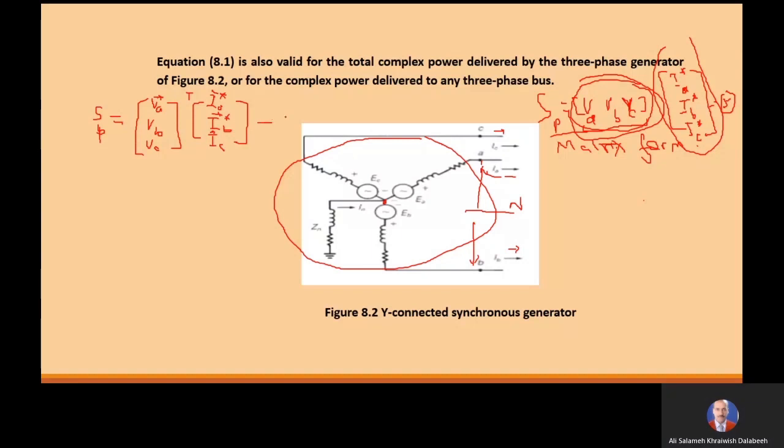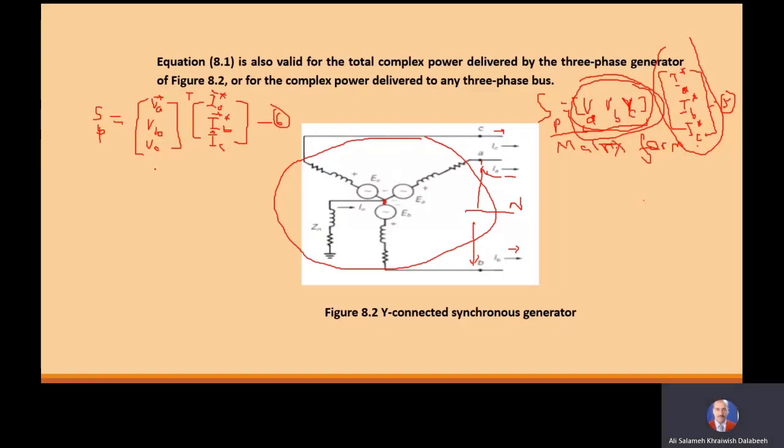This is equation number 6. What is the difference between equation number 5 and equation number 6? There is no difference between the two equations. This is written in matrix form, and this is written in matrix form also.